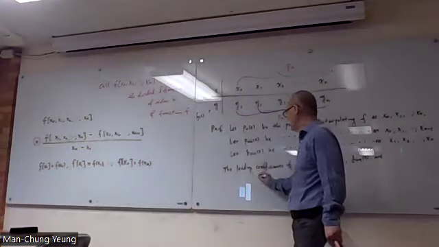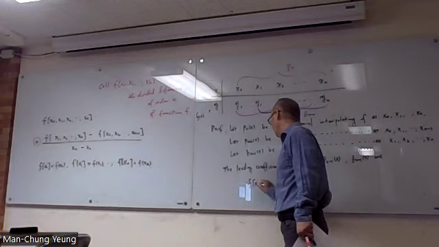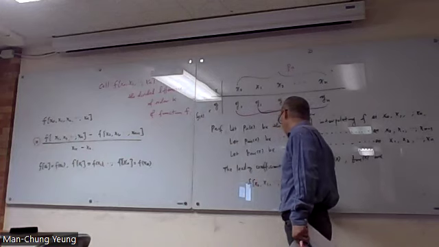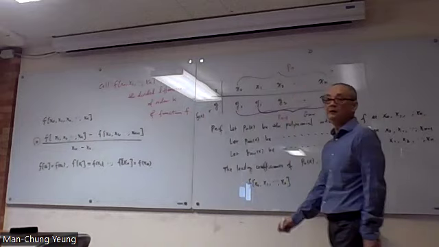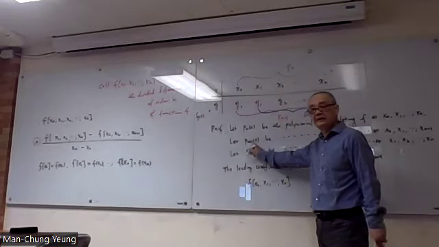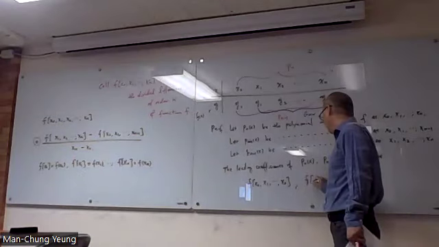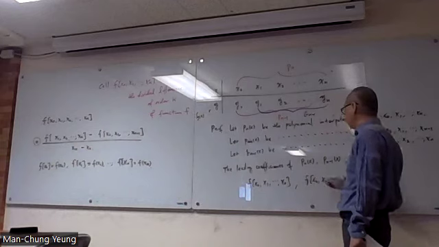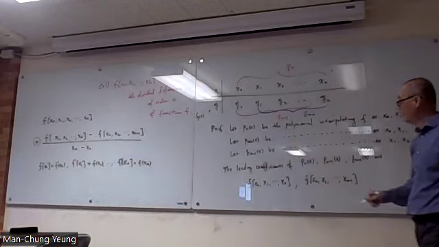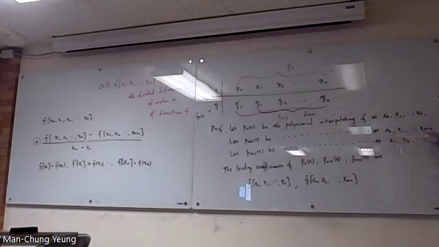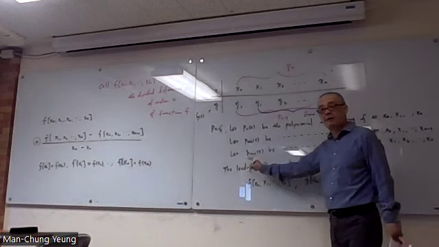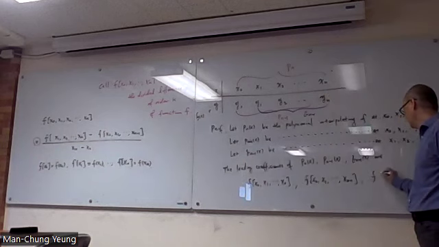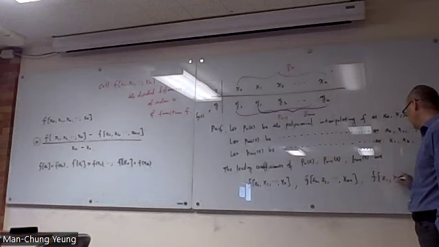The leading coefficient of this is this: x0, x1, to xn. The leading coefficient of this one is x0, x1, to xn minus 1, because this one interpolates x0 to xn minus 1. And the leading coefficient of Q_{n-1} is this: x1, x2, to xn.